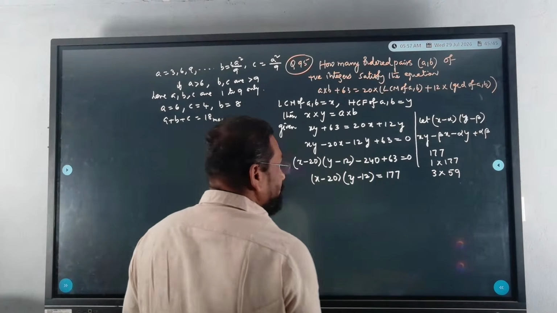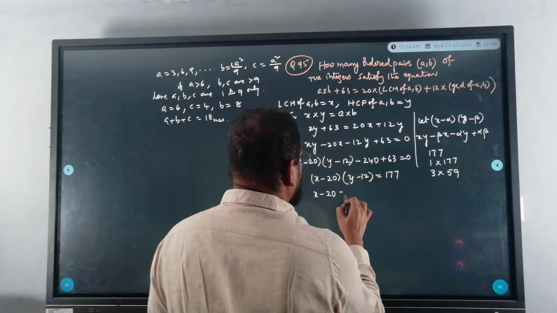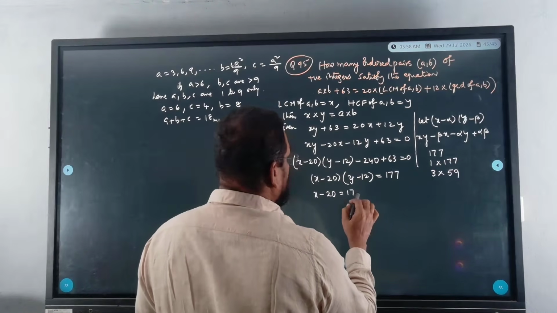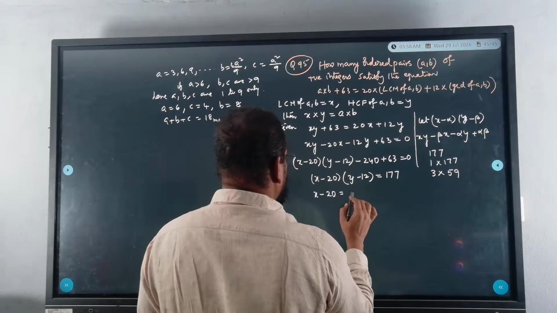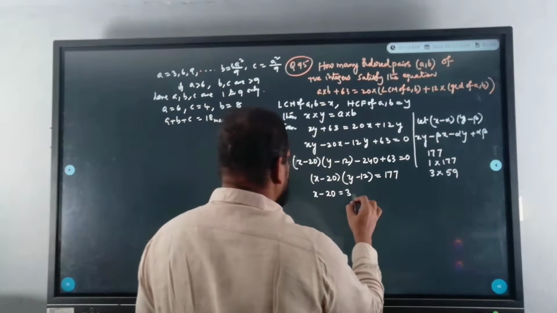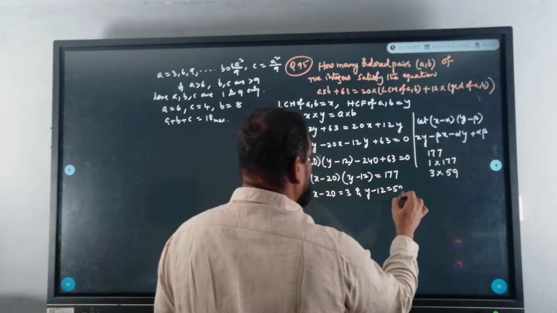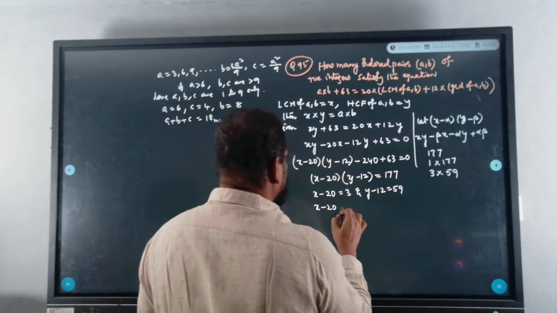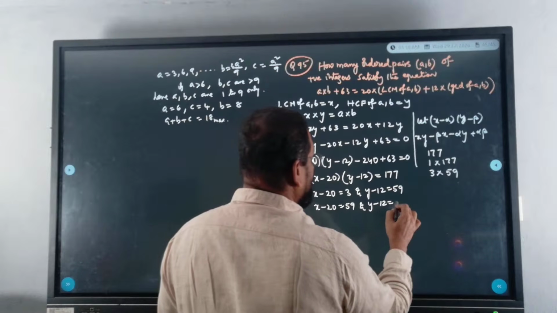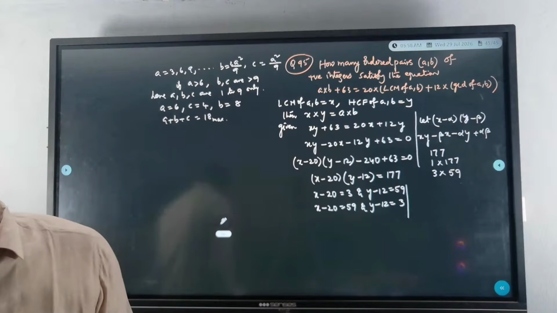So x minus 20 is equal to 3, and y minus 12 is equal to 59, and x minus 20 is equal to 59, and y minus 12 is equal to 3. These are possible pairs of x, y values.